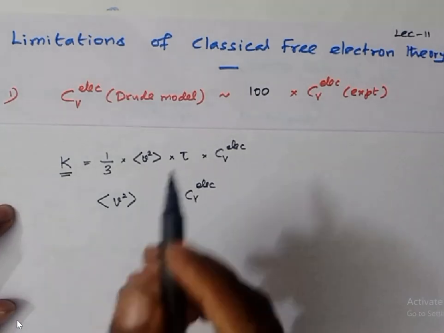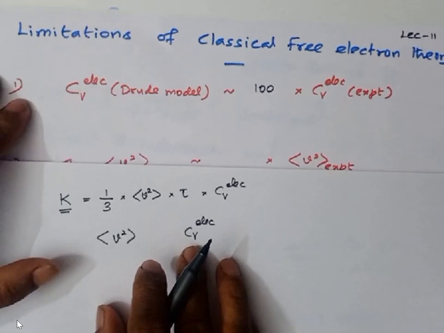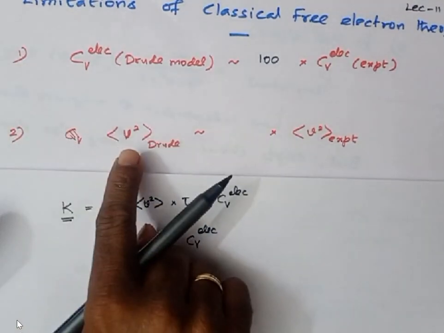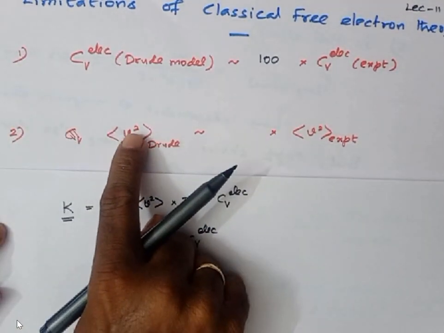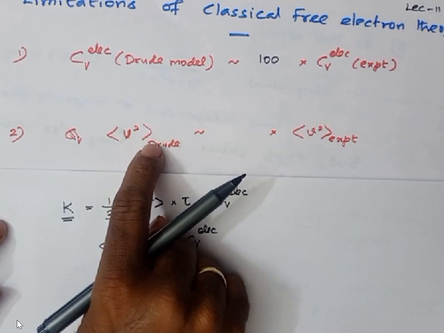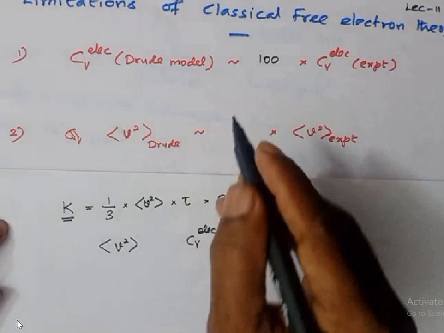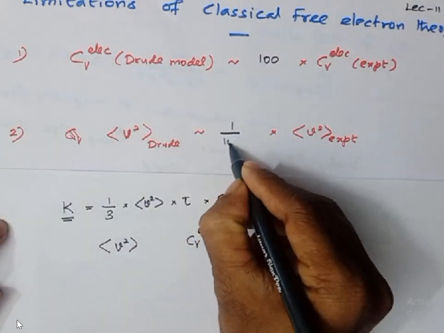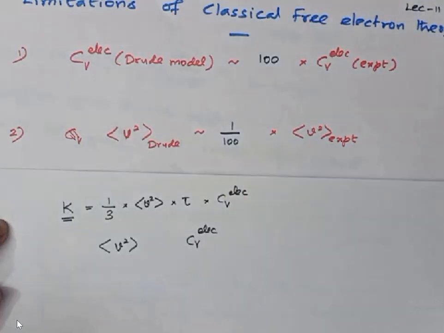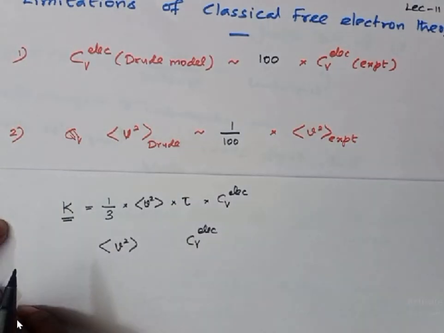Then second, the mean square velocity calculated from the Drude model is almost 100 times lesser than the experimental value.